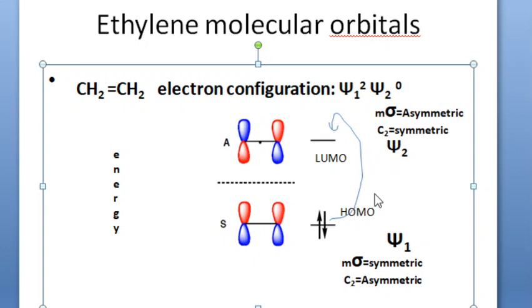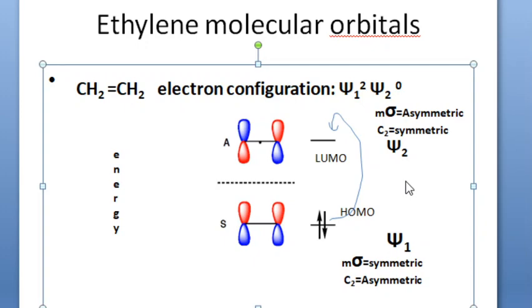When the electron has jumped from psi1 to psi2, psi1 is left with 1 electron and psi2 has 1 electron. If that is the highest occupied molecular orbital, then your LUMO will change. Okay, so that's how you should understand it.